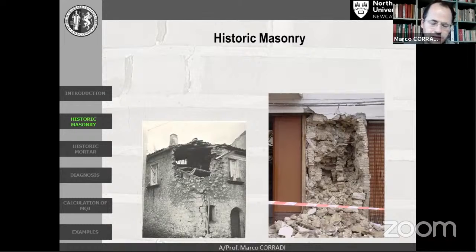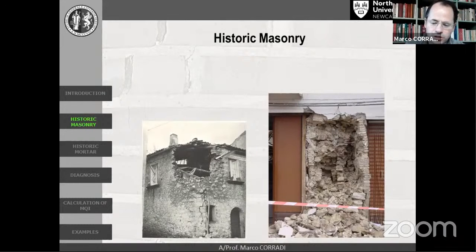From an initial assessment, you can say, I have a 1 meter thick wall, and as a consequence I can assume the mechanical properties are good for such a large wall. Then when you look at the cross section, you may find voids, you may find different layers, you may find a lot of situations that can completely change your assessment of that wall.